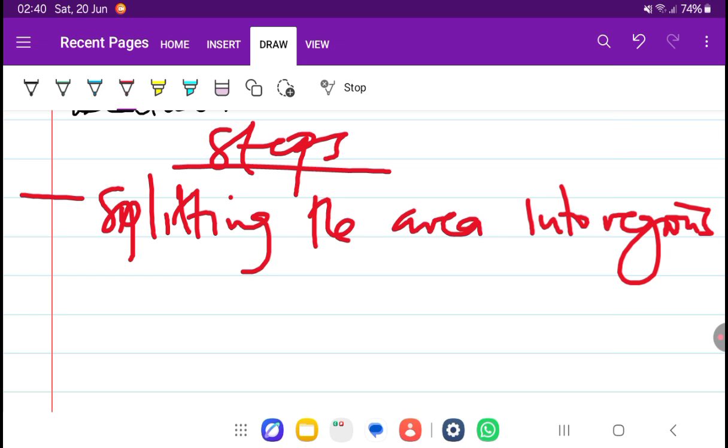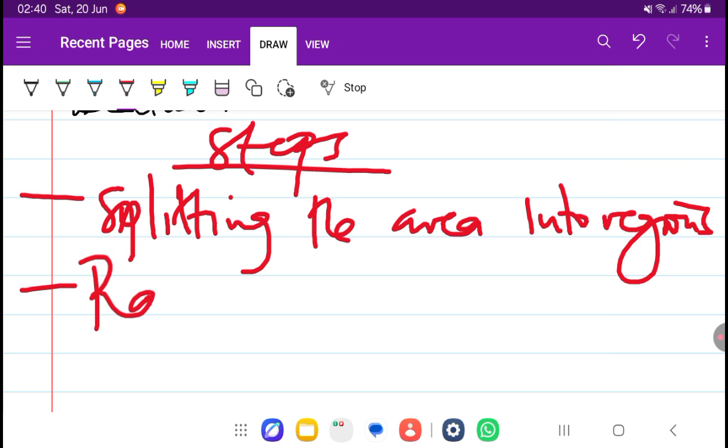Now this one is also best if you are carrying out a study about the entire world, all the countries in the world. You can divide them depending on the continent. You take maybe Africa, Asia, then you study them as such. So you split the area into what we call regions. If it is Uganda, you take southern, eastern, western, northern, then West Nile.